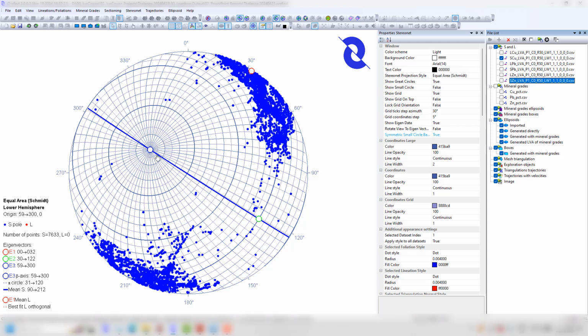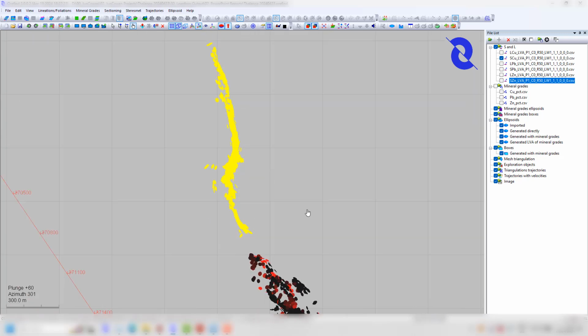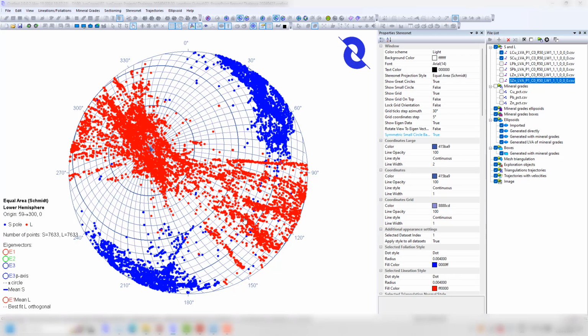So that plunge is towards 59 to 300. So if I press that, I'm looking towards 60 to 301. So approximately the same. And yeah, the lineation, of course, is plunging in that direction.